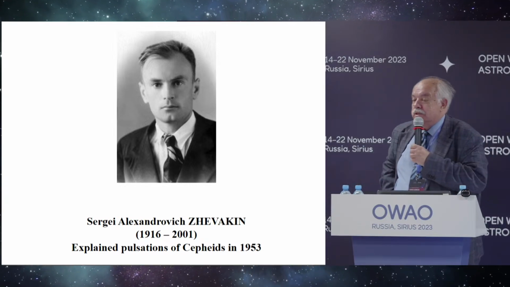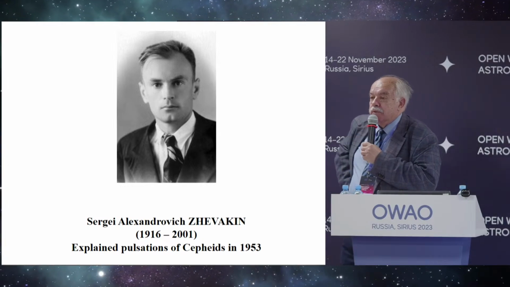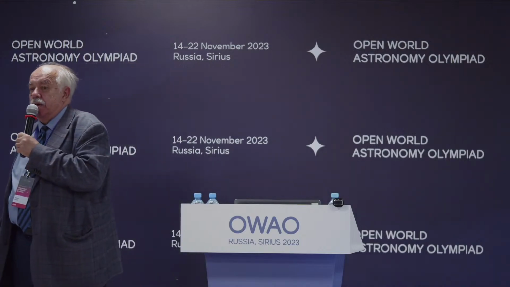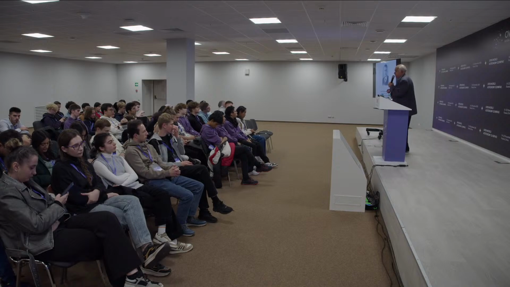He discovered that there is a zone inside the Cepheid where helium is, for some part of the cycle, ionized from singly ionized to twice ionized state, and then returns back. This part of the star is able to accumulate energy and to release it when needed for pulsations.